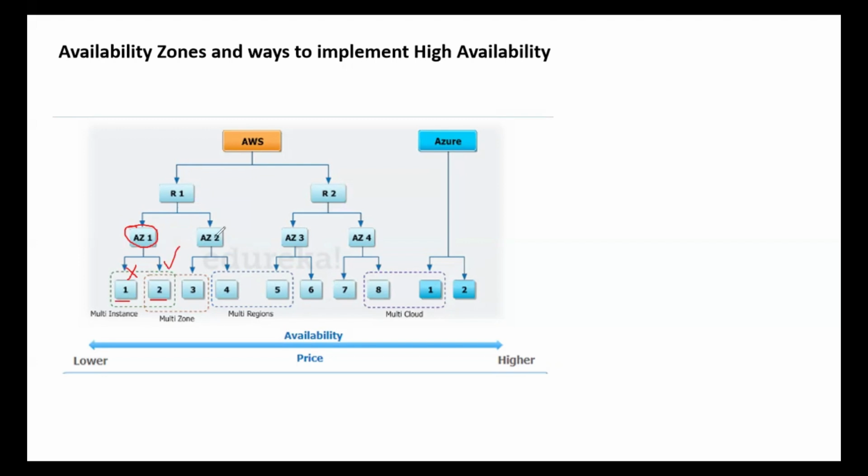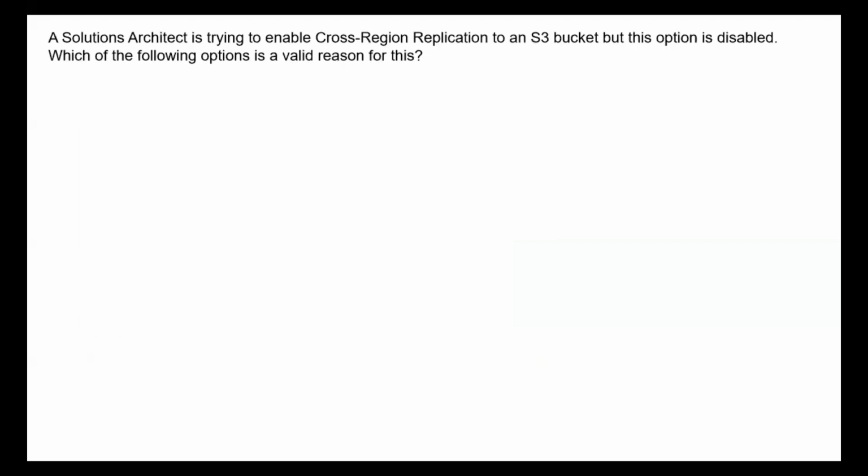Similarly, in a worst case scenario, if the whole availability zone goes down, we still have availability zone 2 running the third and fourth instances to serve the customer requests. That is the reason we have to go for an option which has a minimum of 4 instances, and the maximum should be 6 instances. So this is how we can achieve a highly available architecture. Okay, now let me go to the next question.